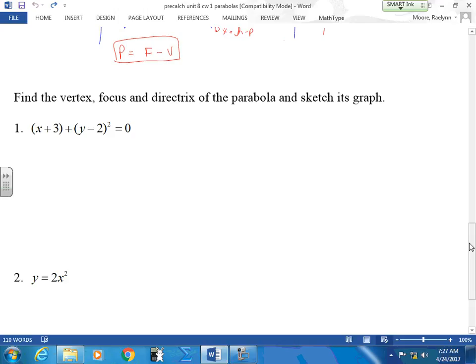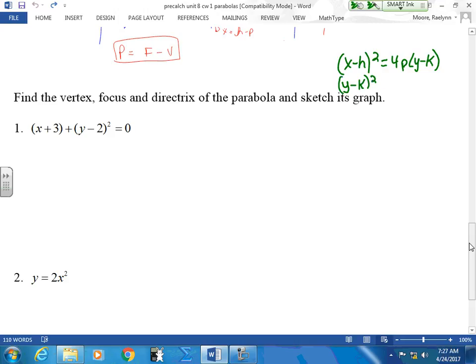All right, so we're going to work on this, and we're going to sketch these guys. We're starting out real basic, and we're putting them in the same form. It's either going to be this one, or it's going to be this one.